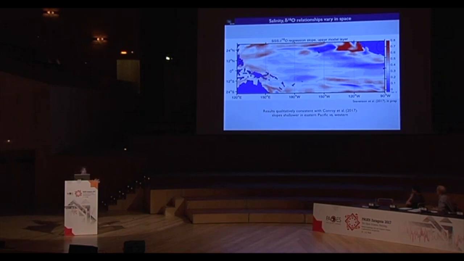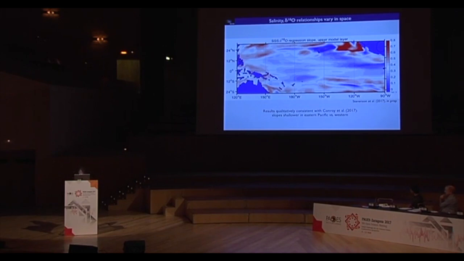And I had just finished making this plot when I saw Jess Conroy's new paper showing the actual observational slopes in 3 different locations spanning the East Pacific to the west. And she sees the same tendencies for shallower slopes in the east and steeper in the west. So it seems like there's a real physical process going on that ROMS is capturing.